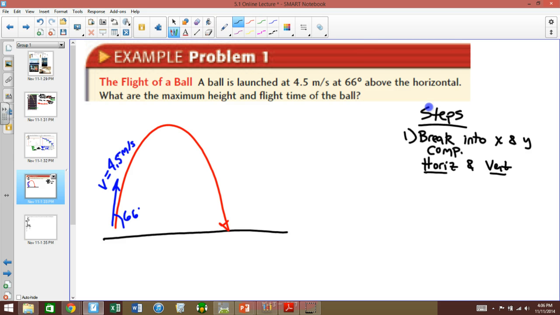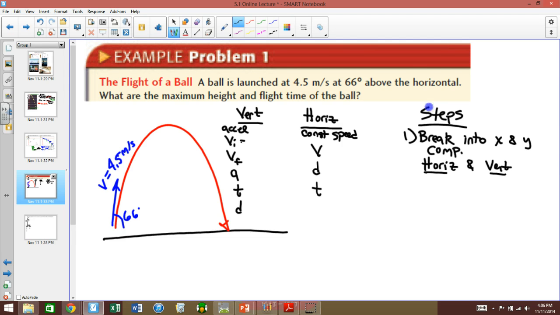So what I'll do, I will write vertical over here, and then I'll write horizontal over here. And I know vertically it's accelerating. Here I know it's moving at a constant speed. So I could know its velocity, the distance, and the time. Initial velocity, final velocity, acceleration, time, and distance.